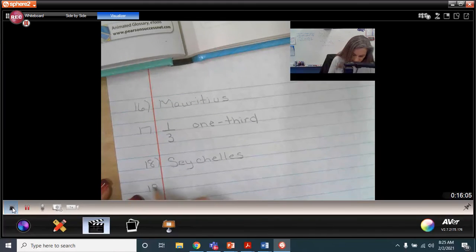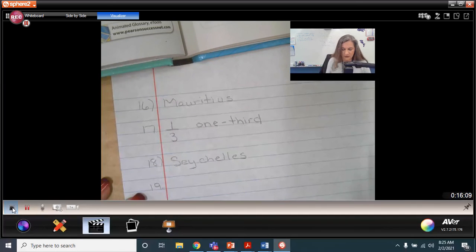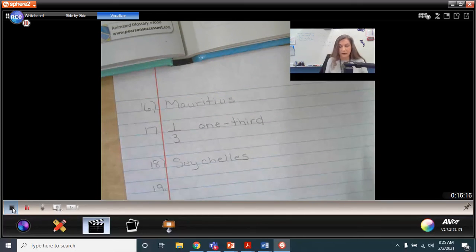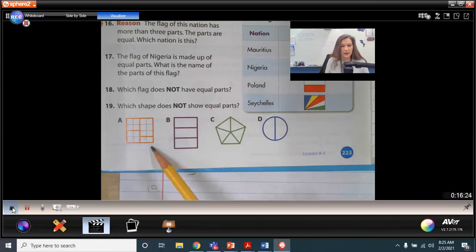And number 19 is asking us which shape does not, notice the big bold word not, which shape does not have equal parts. So again, if we look at our book, they've done a nice job of giving us some grid paper to show us that these are not equal parts right here.